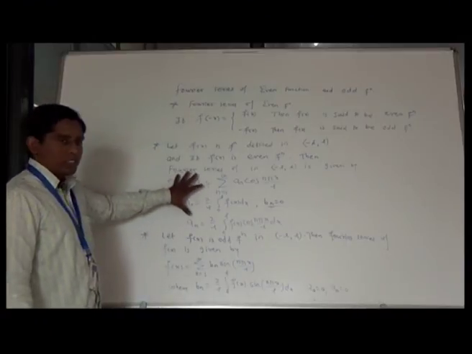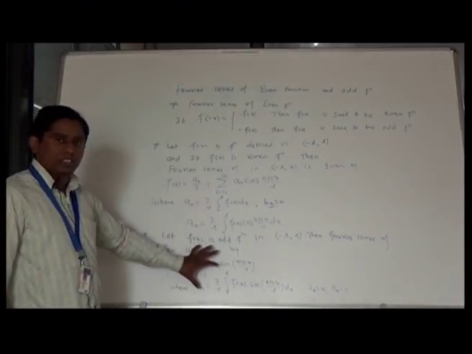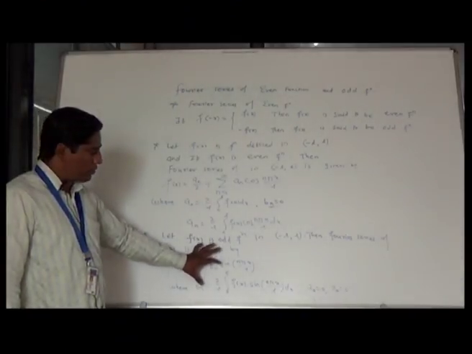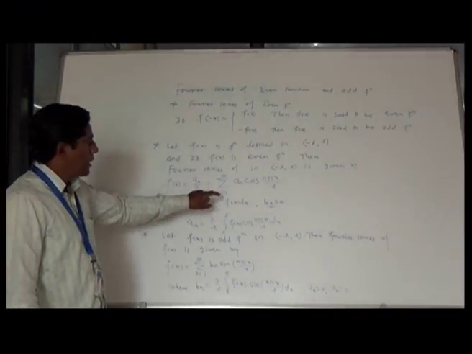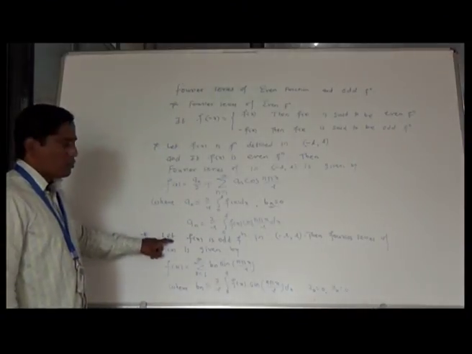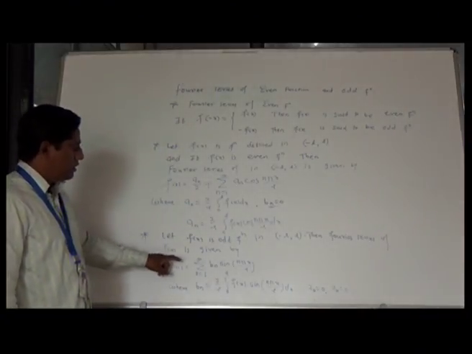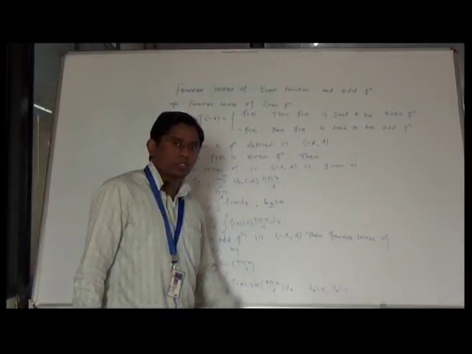This is the Fourier series of even function. This is the Fourier series of odd function. For even function, the value of bn is 0. For odd function, the values of a0 and an are 0.